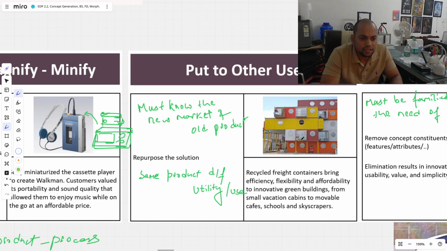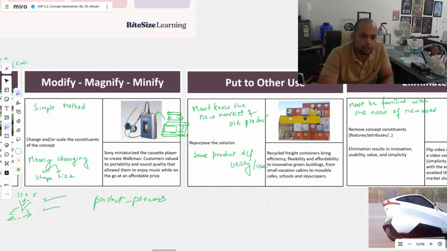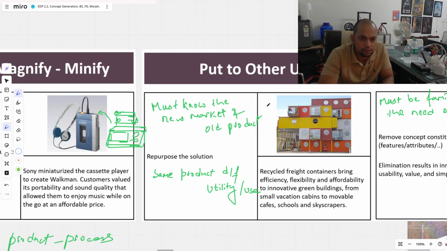So shipping containers can be repurposed and reused. You have to understand that in order to use any of these ideas of Scamper, you have to know the market and the user very well. In this example, you have to understand the new market very well, and how you can utilize some other product to solve the problem of the current market.